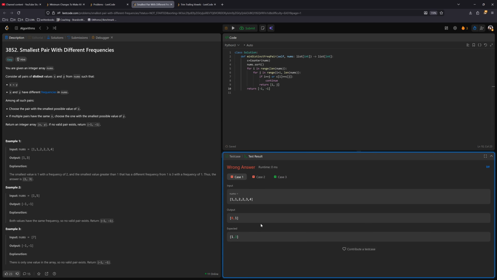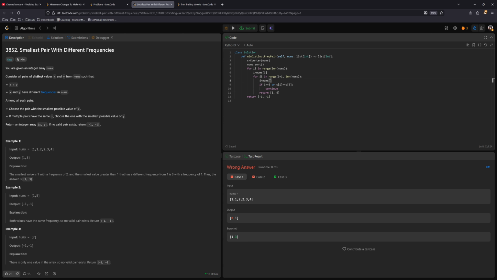Run. What is the 0 coming from? Oh. That's pretty dumb. Yeah. I index, j index. I equals nums of i.